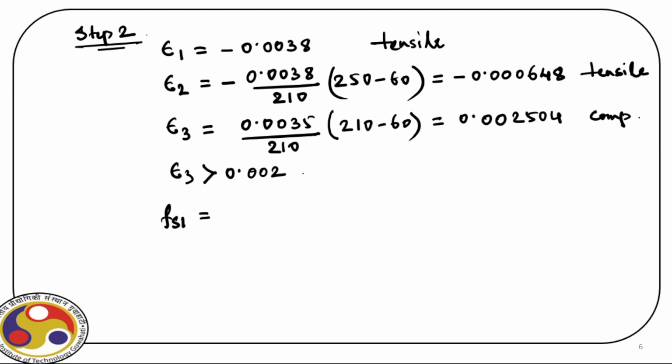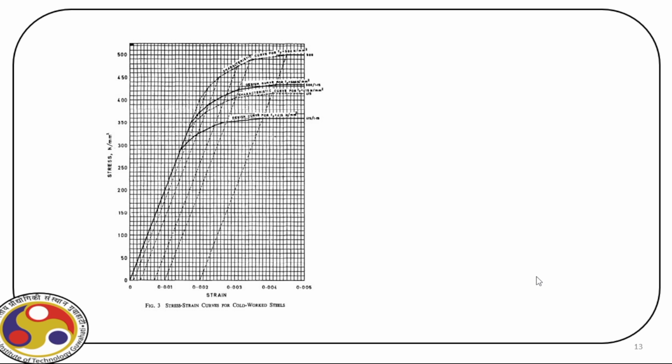stress strain diagram, and you can see this is the stress strain diagram for steel, and we have a similar diagram for different grades of steel, and we can easily find out corresponding to strain value the exact value of stress, right?